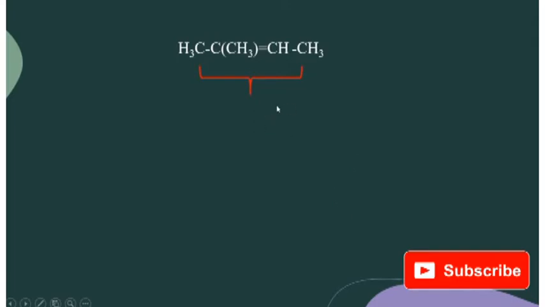What will be the name for this molecule? CH3C, where this carbon has a CH3 as a substituent, then double bond CH-CH3. So the longest carbon chain is this one, which contains CH3, C, CH and CH3. So number this molecule.